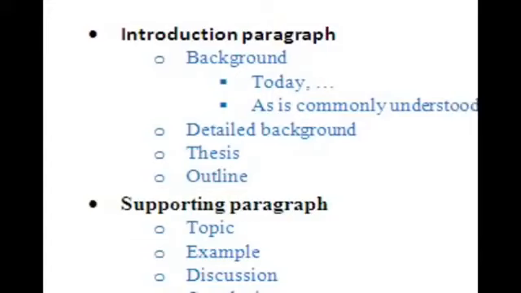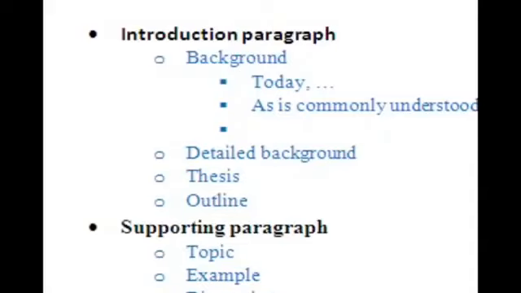So if your essay question is asking about a certain topic, you might start with, well, as it is commonly understood, and then proceed to talk about that topic in general terms. Another you might want to start with is, it is common today, and then just go from there. So these are three different ways you can start your background sentence.